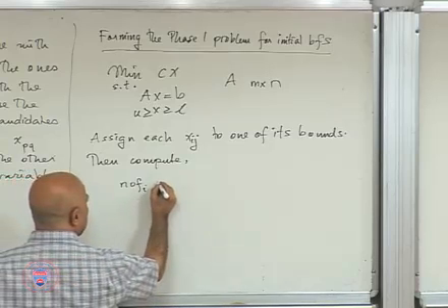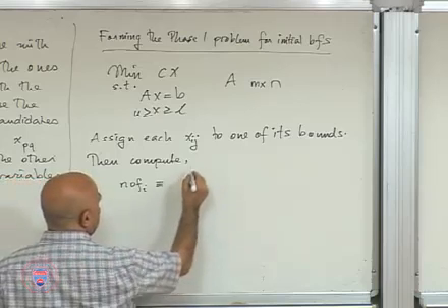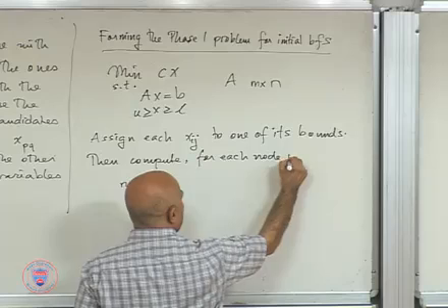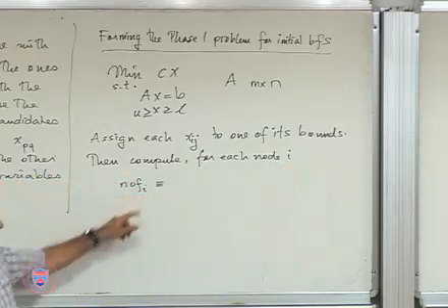How do you compute this? By definition, let's just take this as follows. Compute for each node i the net outflow at node i.